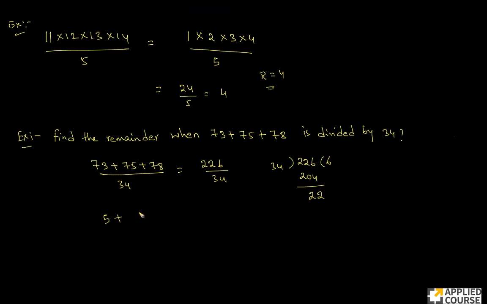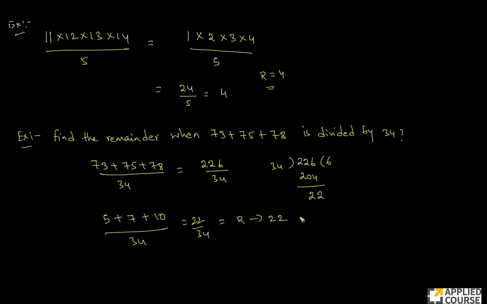Plus 75 minus 68 is 7, and 5 plus 7 plus 10 gives 22 by 34. The numerator is less than the denominator, so definitely the numerator will be the remainder. So the remainder is 22.